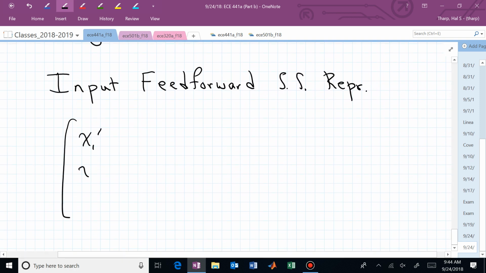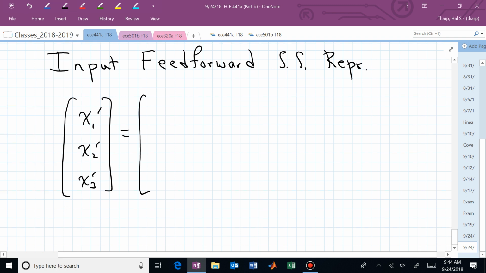So this is now an input feedforward state space representation, which, writing it in state space form, we have an x1 prime, an x2 prime, an x3 prime equaling, how big is my system matrix A? What are its dimensions? It has to be square, right? And it's 3 tall, it has to be 3 wide.